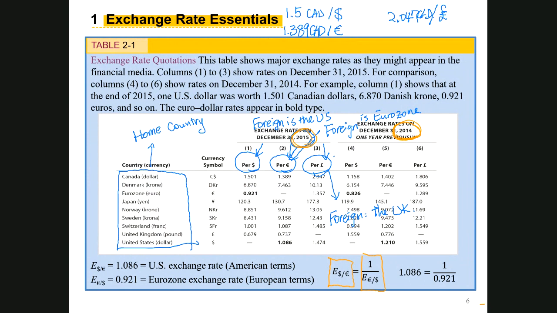In 2015, the exchange rate for US dollar per euro is equal to 1.086. So what does this mean? This means if you want to buy 1 euro, you need to pay 1.086 dollars.